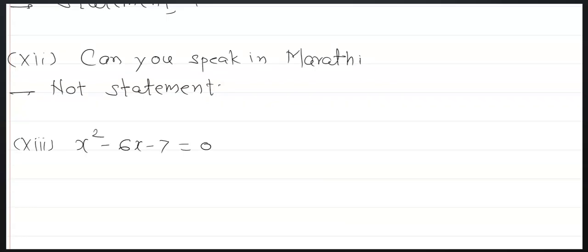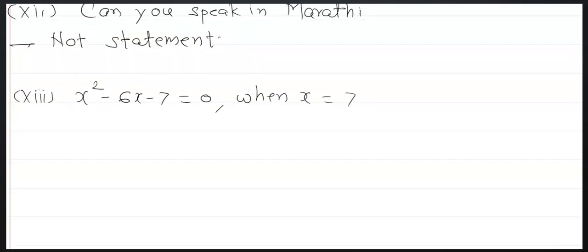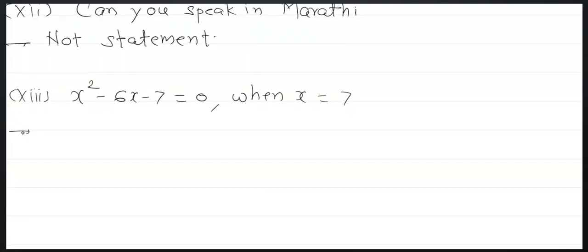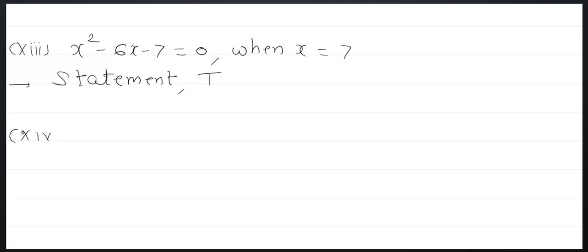It is not a statement. It is again interrogative. x square minus 6x minus 7 is equal to 0, when x is equal to 7. It's a statement. Its truth value is T.